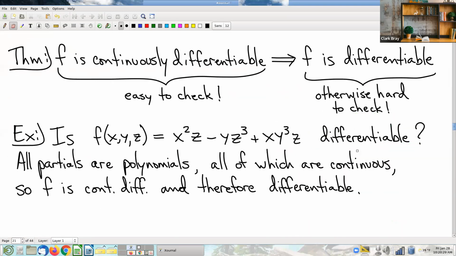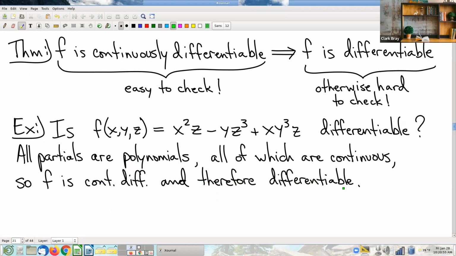But much more convenient, it's a polynomial. So all of its partials are polynomials, all of which are continuous. We're done here. It's that easy. So continuous differentiability, and therefore differentiability. Everybody with me?